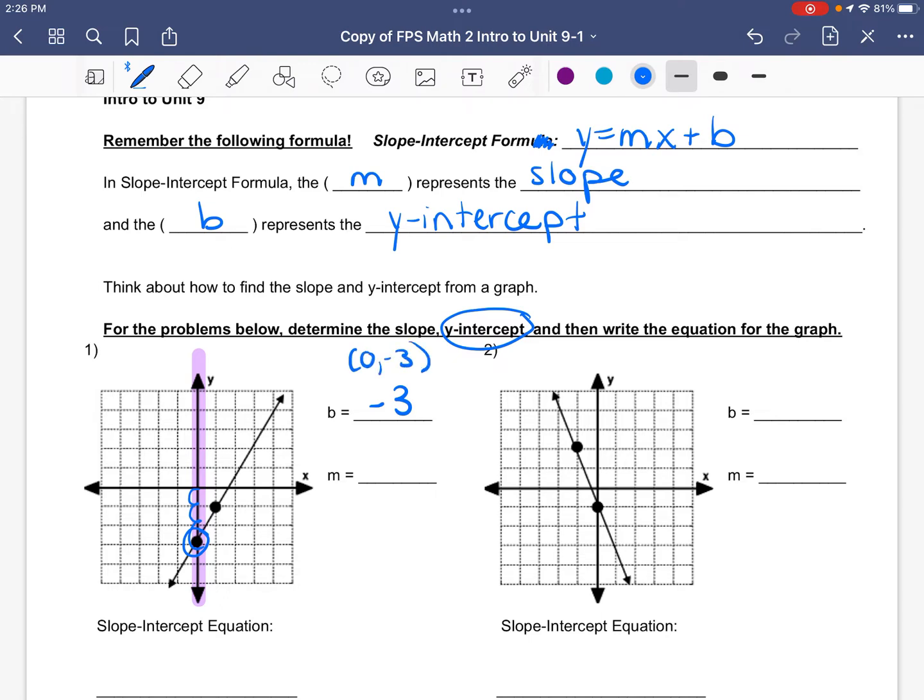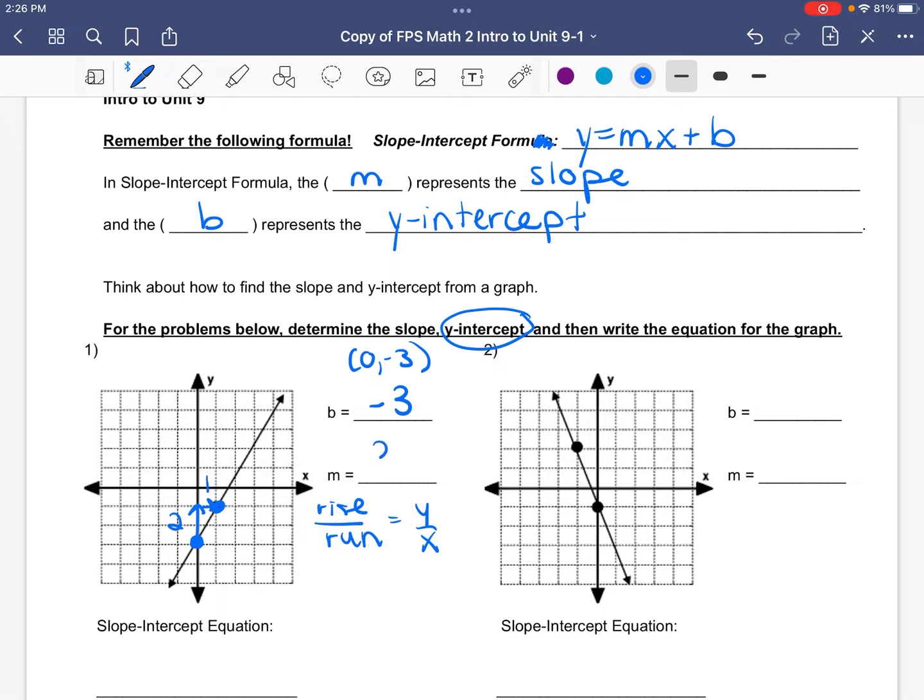The next thing I want to do is calculate the slope. Remember, slope is rise over run, or y over x. So let me erase this. We always go from the left to the right. So for example, to get from this point to this point, I'm going to go up 1, 2, and I'm going to go over 1.